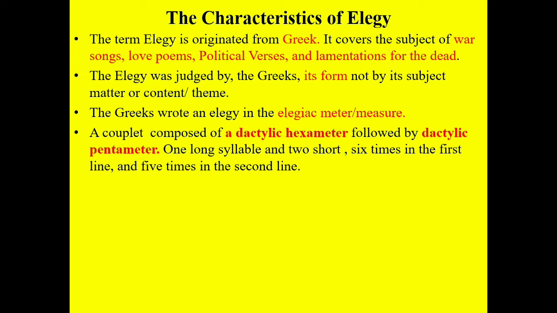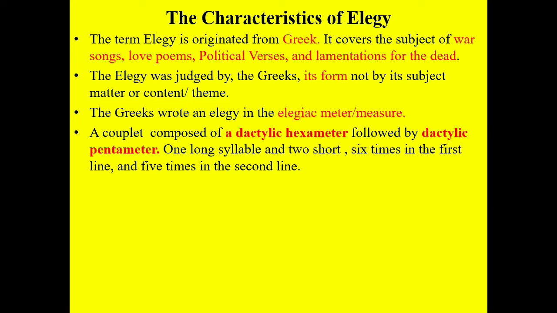So what does it mean? Hexameter, pentameter. Here, the first line is composed in the form of a dactylic hexameter. Okay, so what is dactylic? What is hexameter? You need to know. One long syllable and 2 short syllables is called dactylic. 6 times in a line means hexameter.